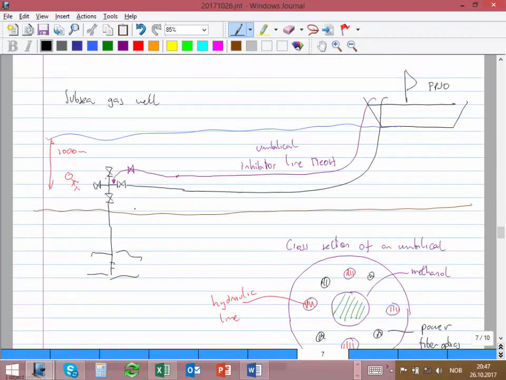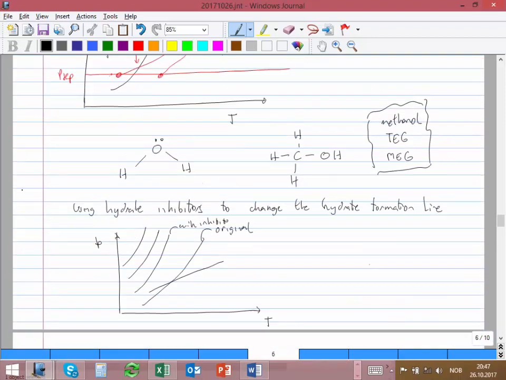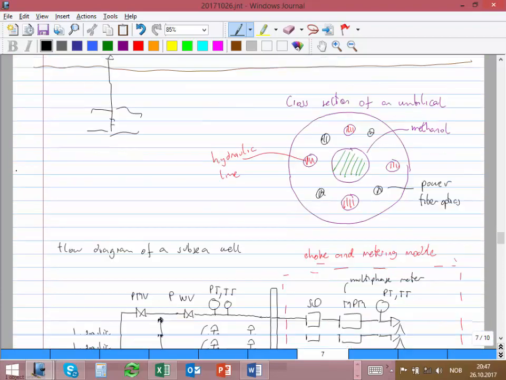I told you that usually we inject an inhibitor to avoid hydrate, and that means adding liquid to the system on purpose. Okay, so even if it's very dry gas, it still has some water coming out, so I have to inject the inhibitor, and that makes it multiphase.